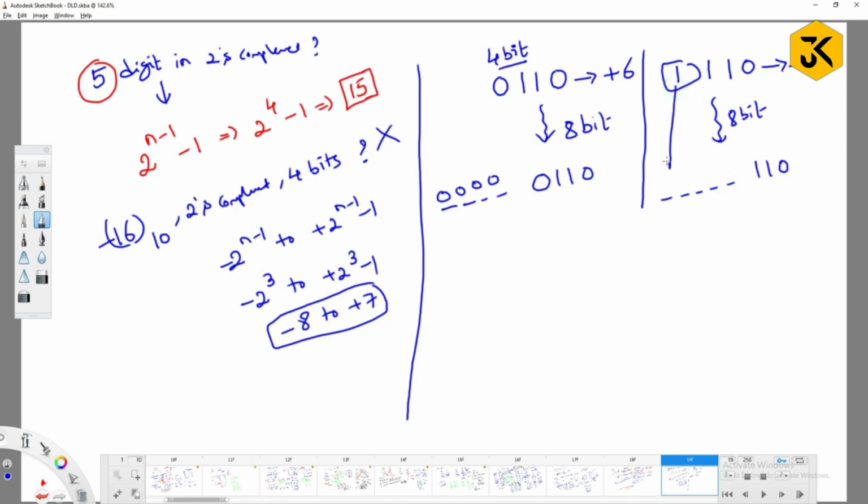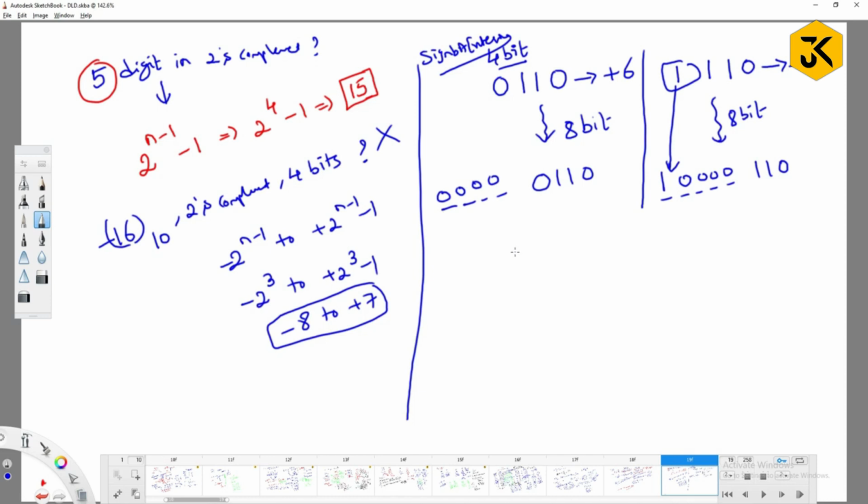This sign bit should be taken with the last one, and all the remaining places should be occupied with 0. This is what I can call sign bit extension. So how are we going to extend the places of the storing data?